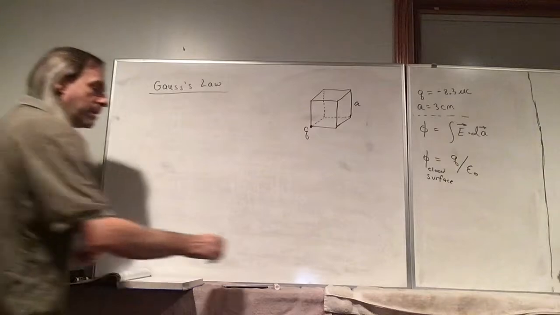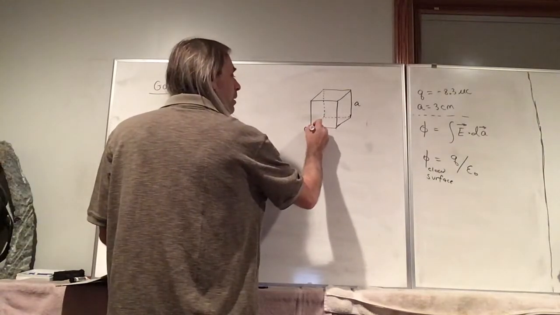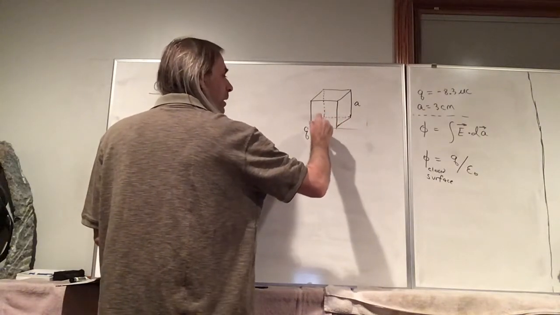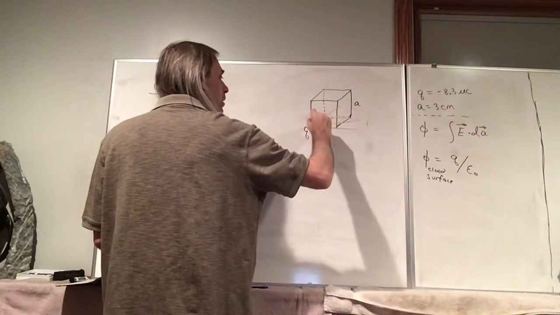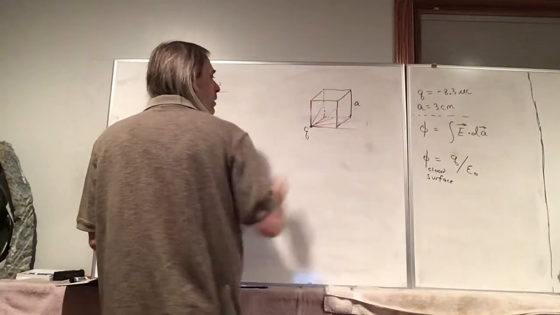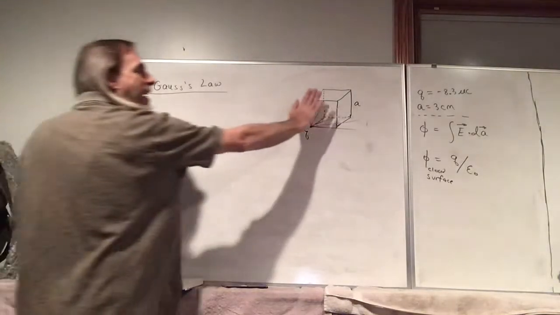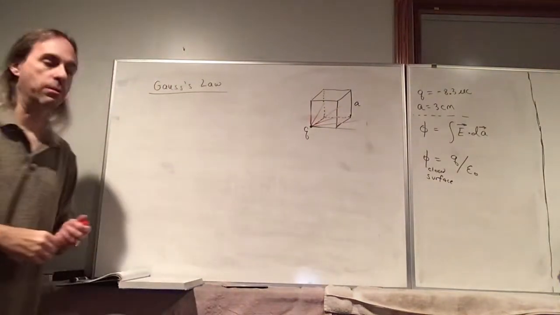First I want to draw some of these electric field lines. It's kind of hard to draw, because we have a 3-dimensional cube, but these field lines are radial. Try to imagine the 3 faces that share a corner.